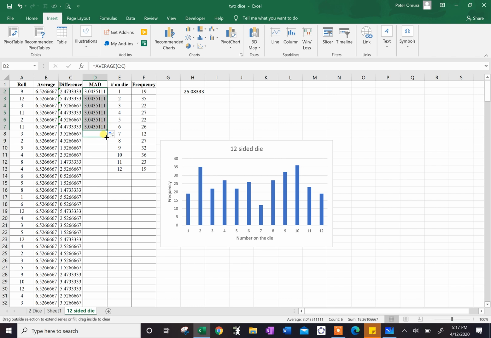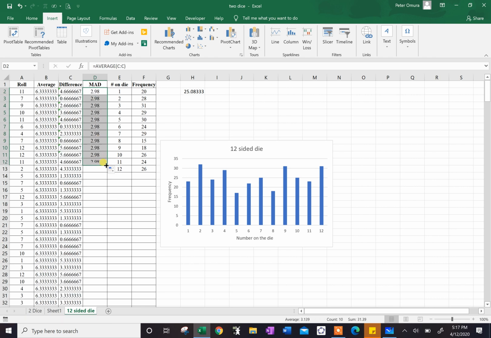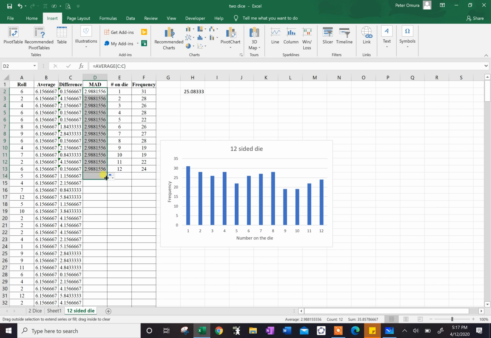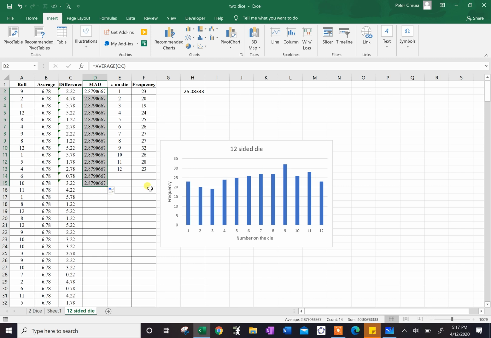And look at this. Once again, still a little bit above 3, a little bit below 3, just a tiny bit below 3. Look how uniform that was. Just a little bit above 3, etc., etc. Even this one, which is a little bit more below 3, the graph is still very uniform.